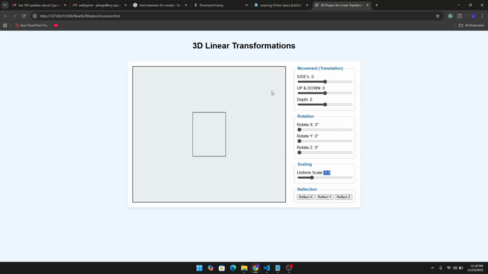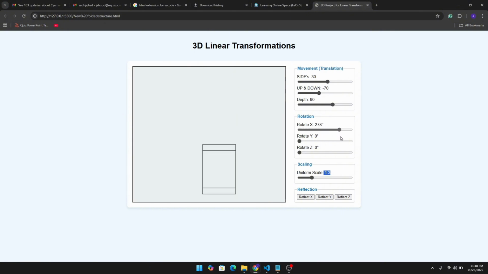Transformation in action. Translation: up, side, up, down, and for depth. For the rotation, the cube rotates smoothly along each axis.